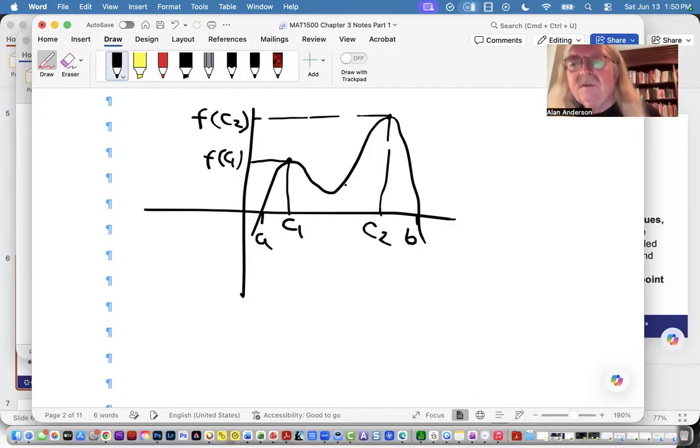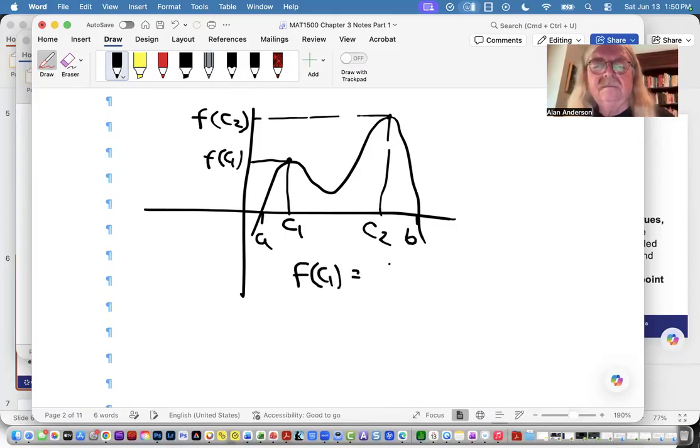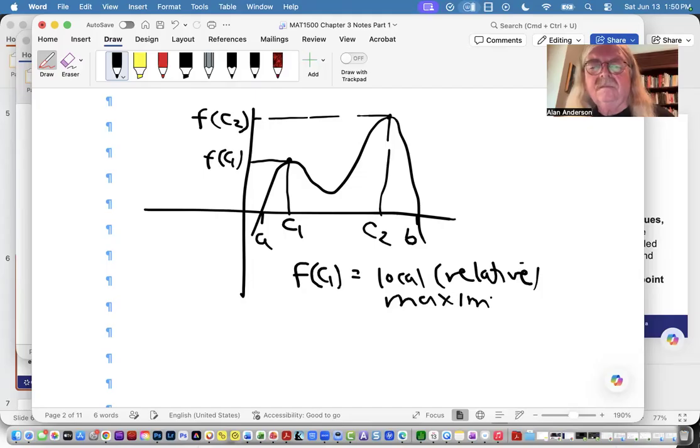So we've got two relative or local maxima, and of course, the same thing can be said for C2.